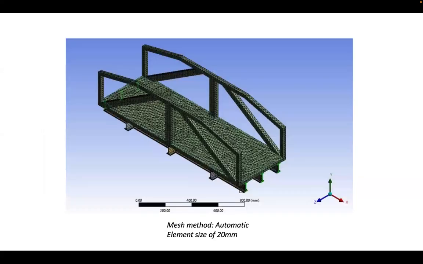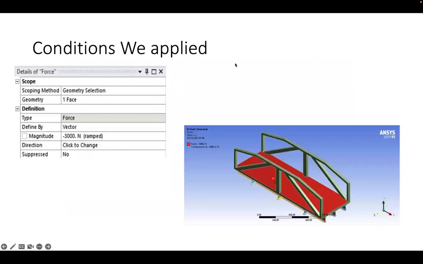I am Sushant, and I'll be explaining the meshing part here. We took a mesh size of around 20 mm, and the method we used was the automatic method, which lets the software decide which method is appropriate for meshing. For the conditions, we used the force for stress analysis, like von Mises stresses.